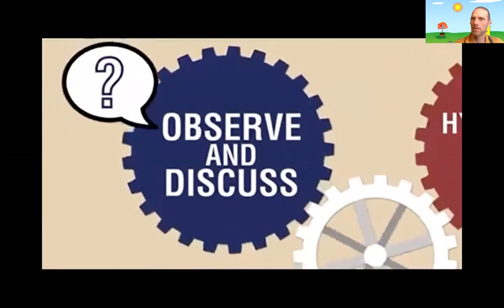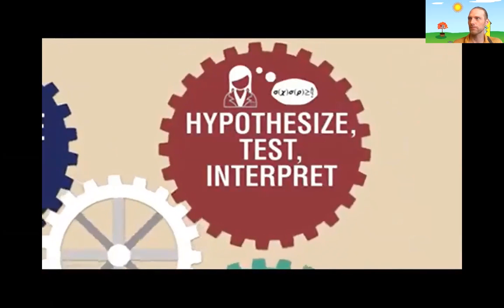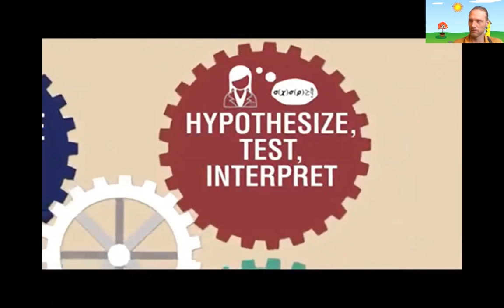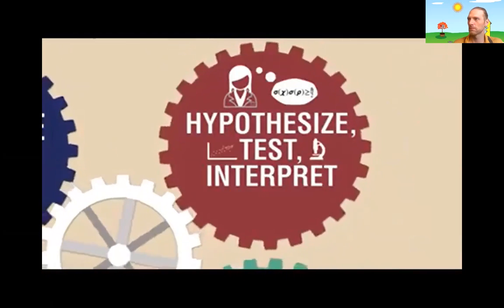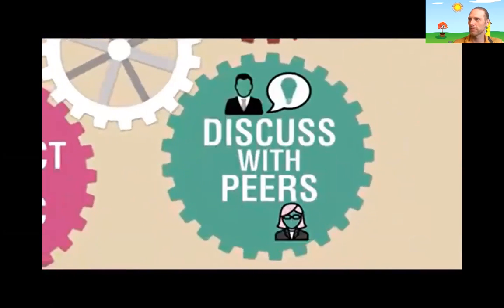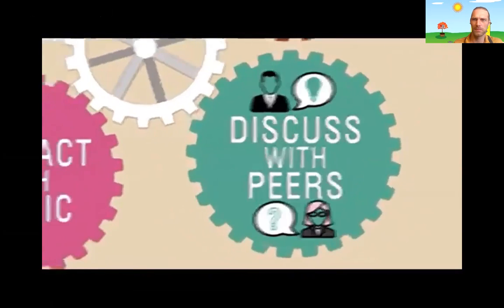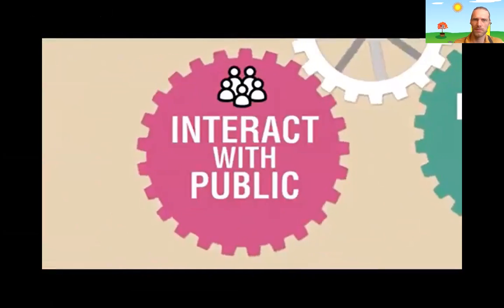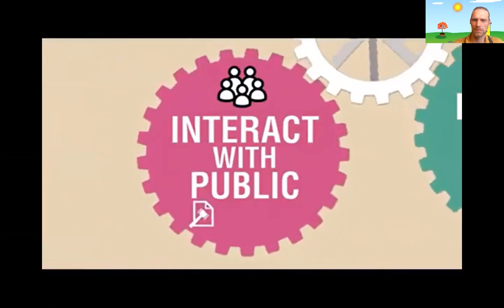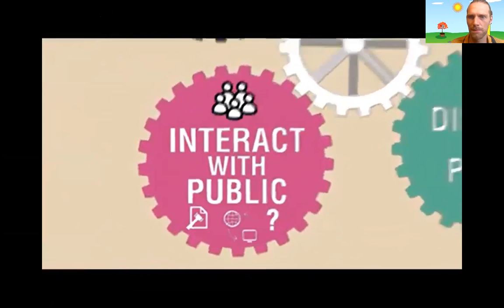Observations lead to questions and new ideas. Scientists form hypotheses that predict results, test them with experiments or observations, and interpret the results. Scientists discuss their results with colleagues who bring new ideas and questions. Public issues inspire new studies that may support public policy, technical innovations, and new questions.